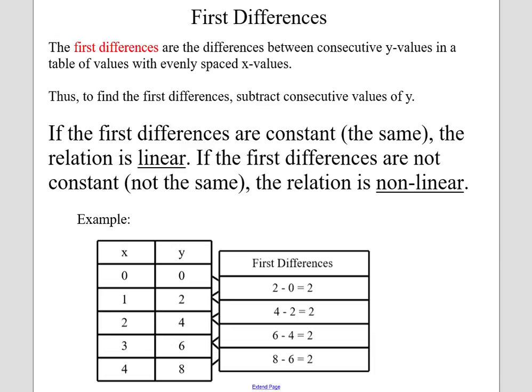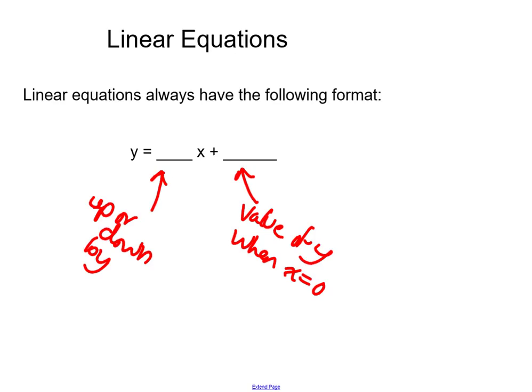That means that our first difference is 2. If our y's are not going up by the same thing, then the first differences are not the same, and we know the relationship is non-linear. So now if we come back to here, we can add a new term. This number is what you're going up or down by, but it's also the first difference.